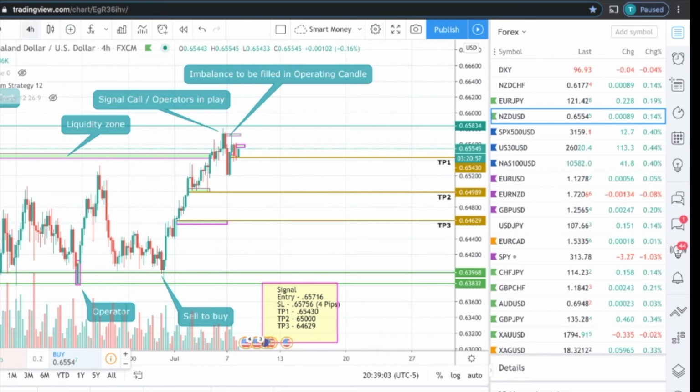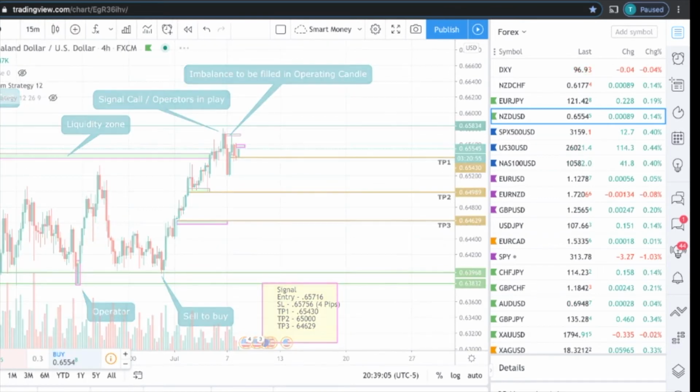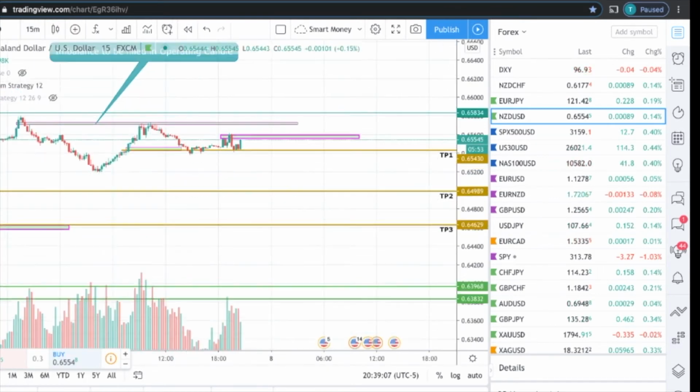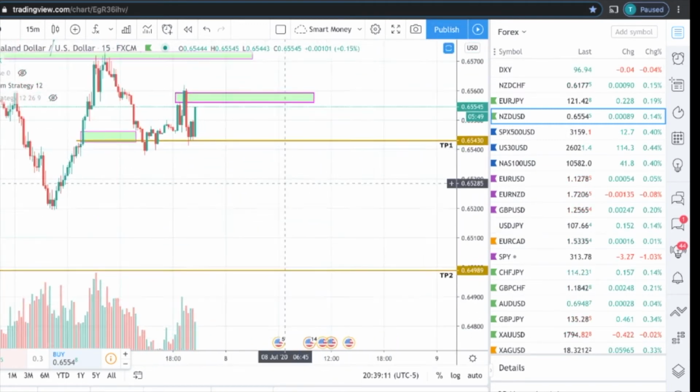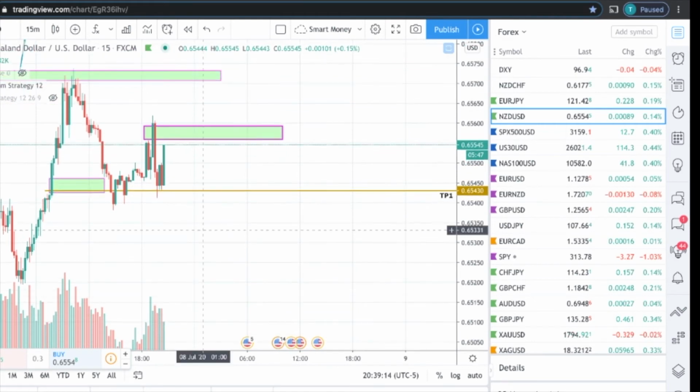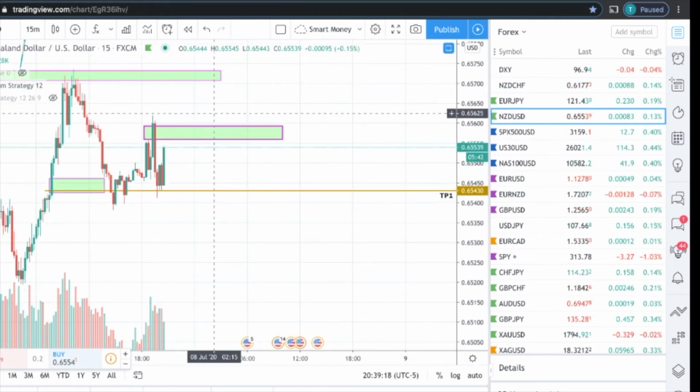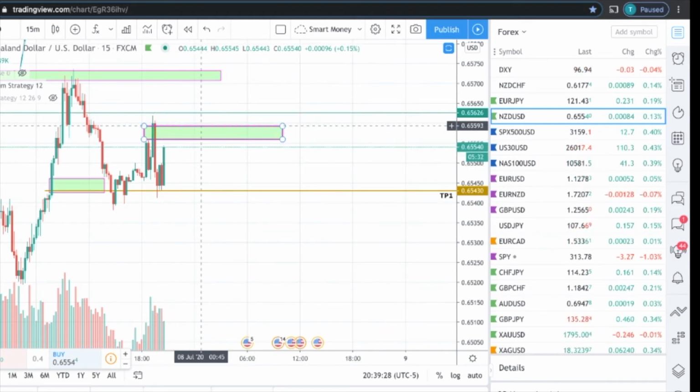So I'm going to get back in here into this 15-minute, get a little bit closer look. I mean, this could be an easy 15-20 pip play. I don't know, but I would definitely set my stop loss just above here. You can see it's already getting close. It's wanting to retract. But if I do, I'll set my stop loss somewhere around here, just above this candle.